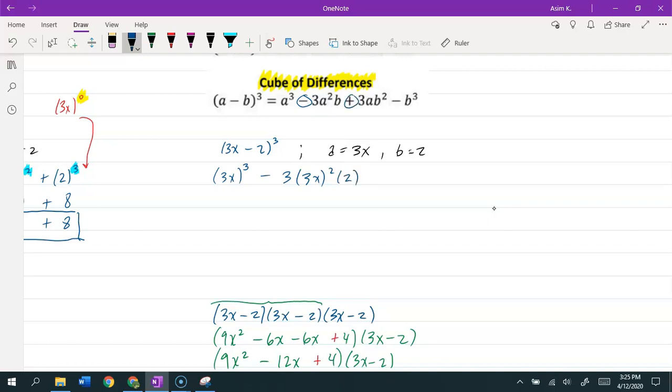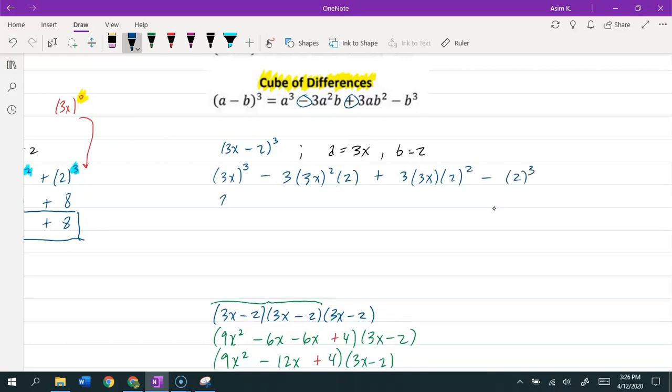Then put an addition sign, and then go 3 multiplied by 3x to the power of 1, and then 2 to the power of 2, and then finally the last term is 2, and you cube it.